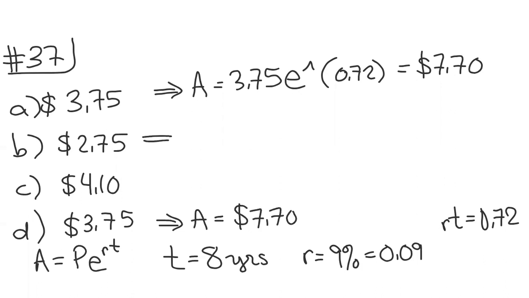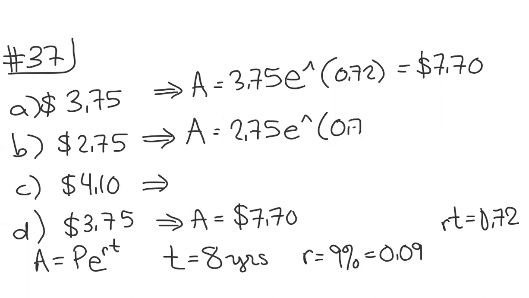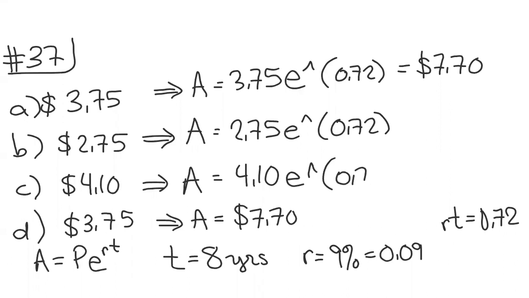$7.70, right? And for each of these, we just change what P is to 2.75, but it's the same inflation period with the same rate, and 4.10 with the same inflation period and the same inflation rate. So we just plug and chug those through. 2.75 times e to the power 0.72 gives me a $5.65 newspaper.